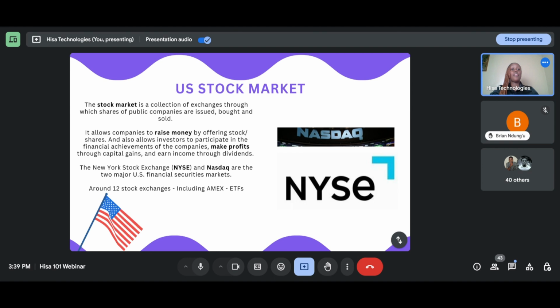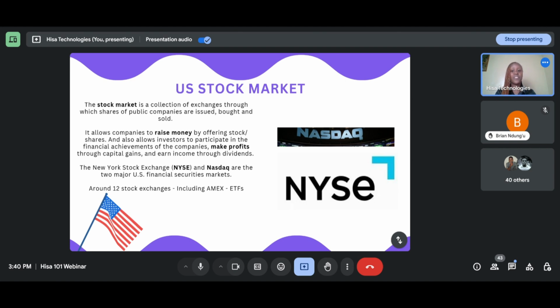So the two most common or biggest exchanges in the US stock market are the New York Stock Exchange and NASDAQ. And the best thing is that you can access the companies listed in these two exchanges, that is the New York Stock Exchange and the Nasdaq, through the Hisa app.